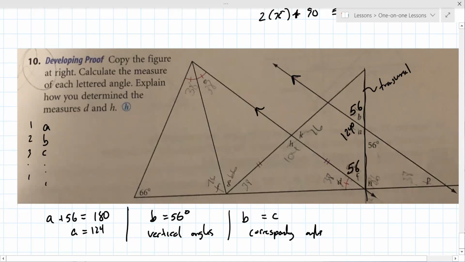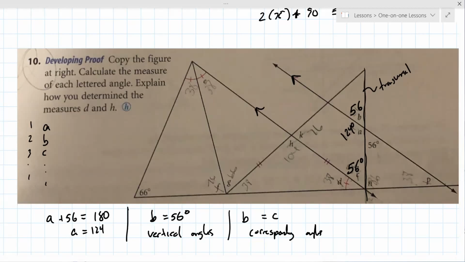That's why this is 56 degrees also. You could also go 56 equals 56 by alternate interior angles. There's a bunch of ways you could do that. Is that okay so far? Mm-hmm. All right.